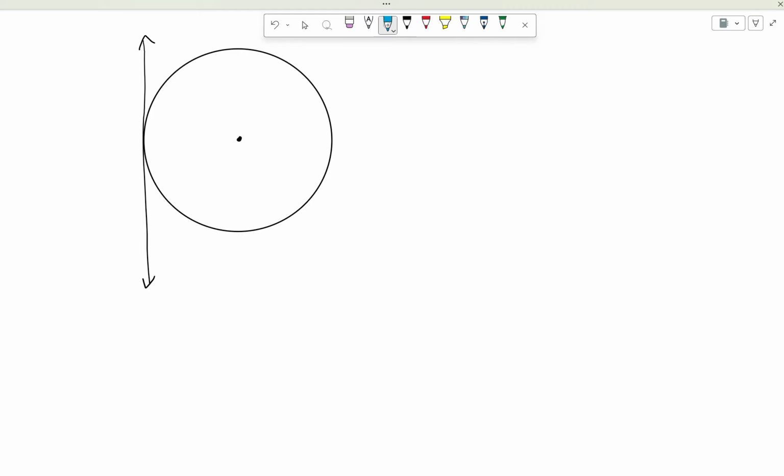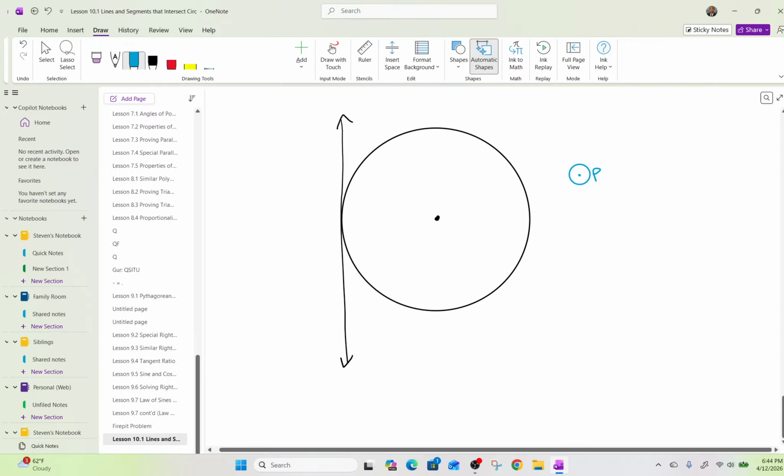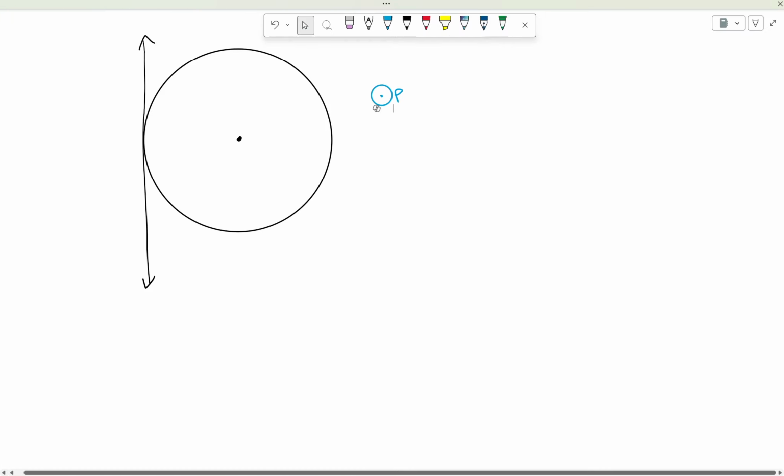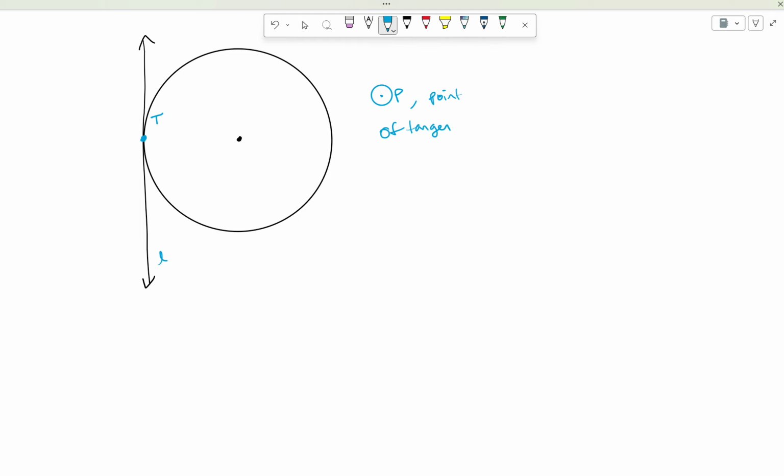This is circle P. Circle P has this point T, and point T is on line L. And circle P has the point of tangency T. And then here's what's known: from the point of tangency to the center of the circle, that radius is perpendicular.